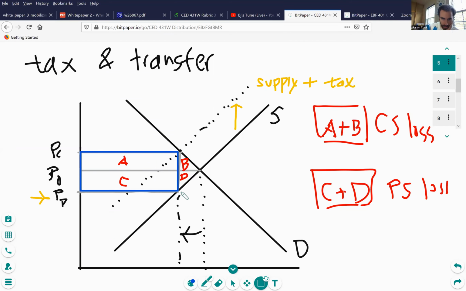So it's the amount of the tax. That's the vertical height of that rectangle. The amount of the tax times the quantity that's sold under the tax. So QT, we can think about QT being the quantity that's sold under the tax. So that rectangle represents the tax revenue collected.